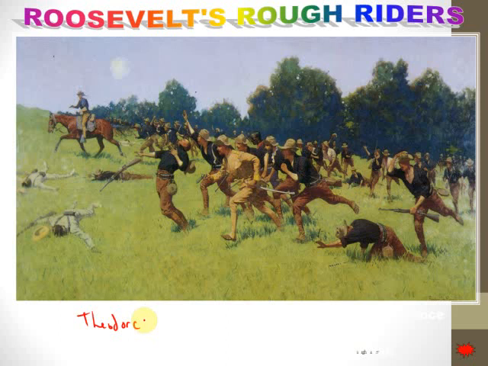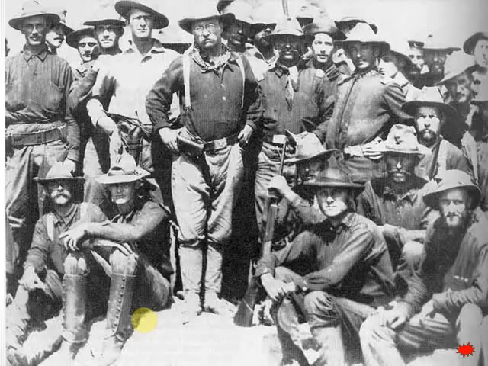Then he creates his own mini militia of troops, goes into Puerto Rico, and charges them up San Juan Hill in one of the famous charges of a group called the Rough Riders, not to be confused with DMX and the Rough Riders from the 1990s. Which some of you might remember, or not, because that was when I was a kid. But anyway, Teddy Roosevelt and the Rough Riders made that famous charge up San Juan Hill.